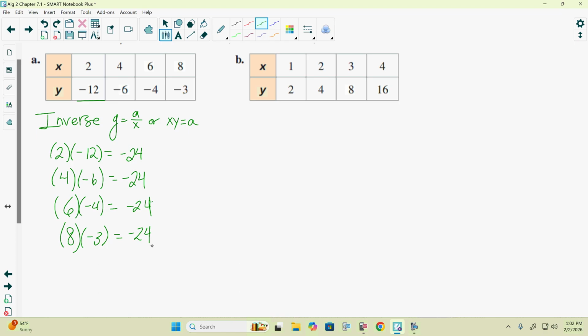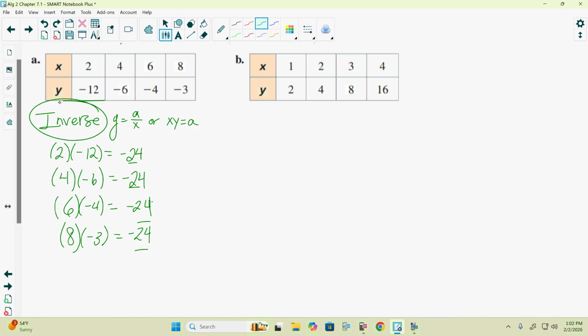Now, since the value of a is the same across all of them, we know that this has to be inverse variation. You have to have that same amount, that same value of a, for it to be an inverse variation.